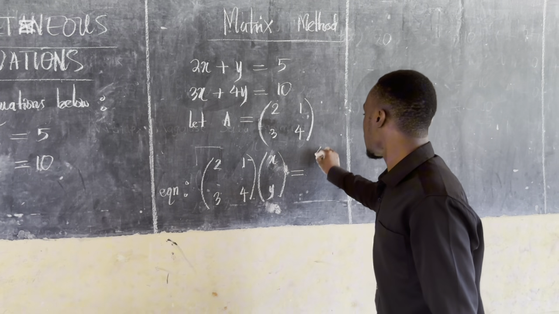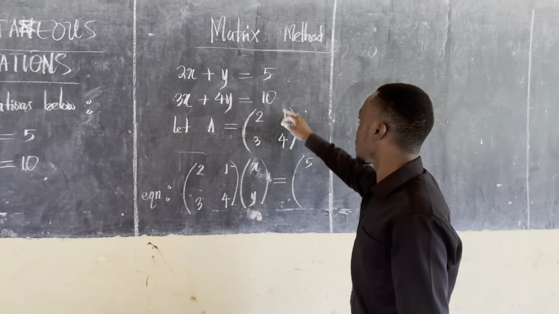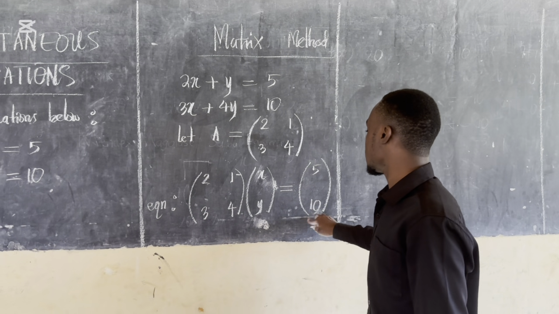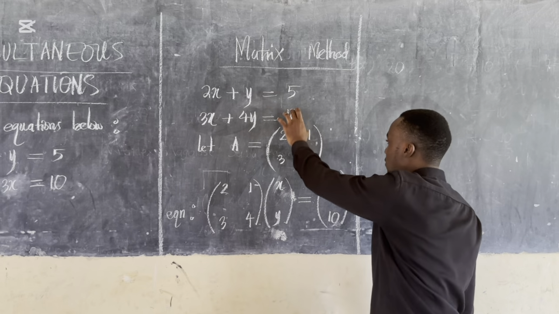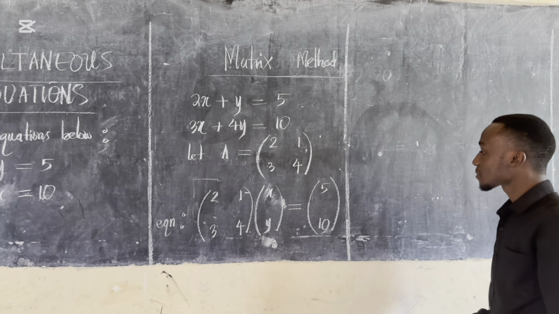This is equal to another column matrix of the numbers 5 and 10. We shall always have these unknowns. At least it will be a 0, but it will be there.